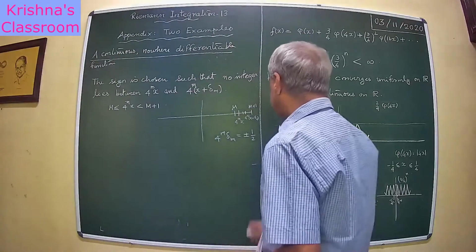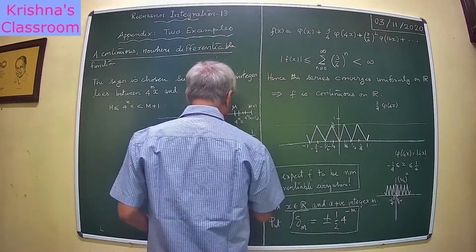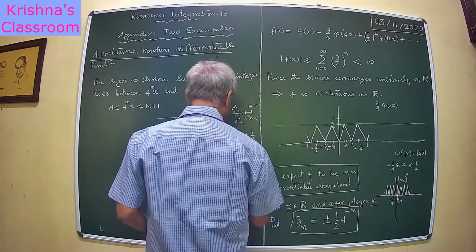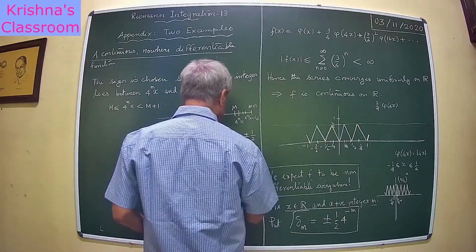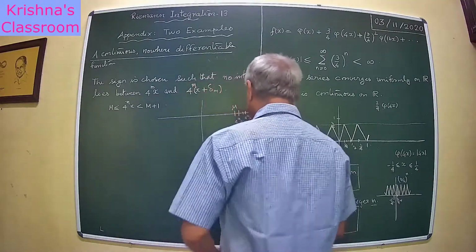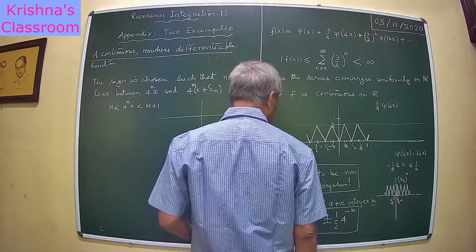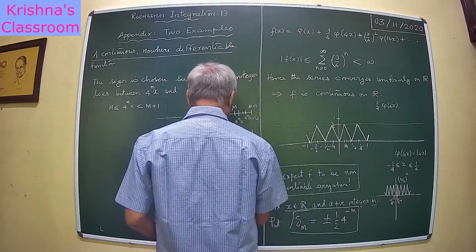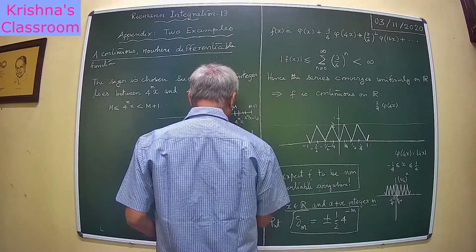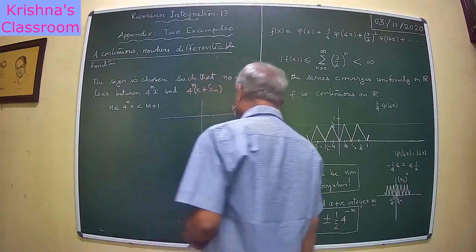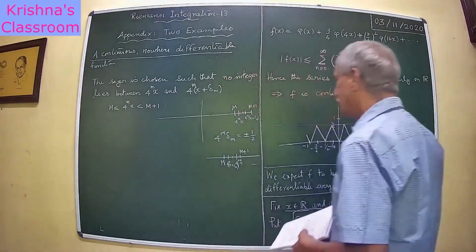If, on the other hand, 4 to the power m x is here, with m here and m plus 1 here, then it is on the other half, and you choose delta m to be minus half, so that once again between these two numbers there is no integer.